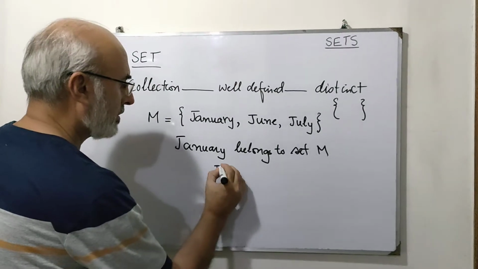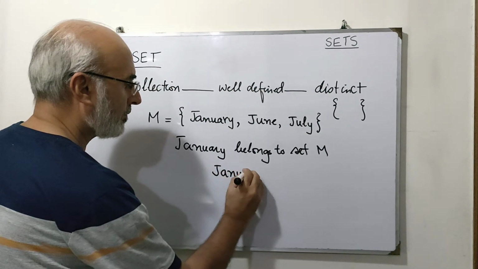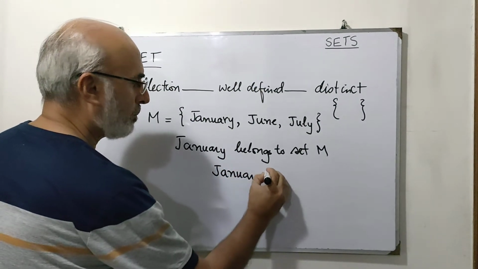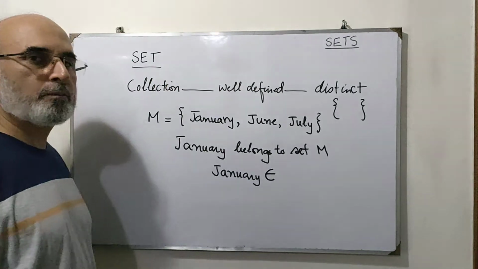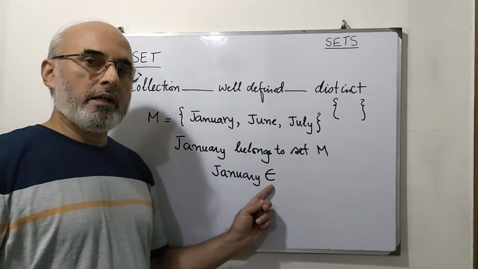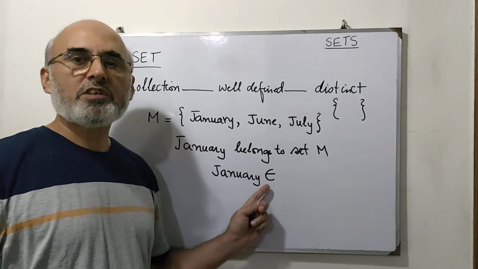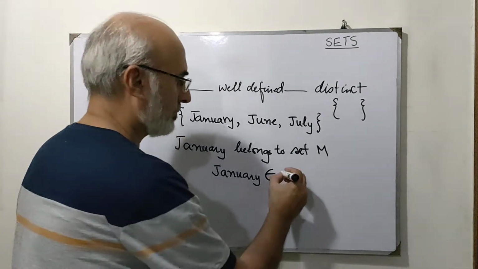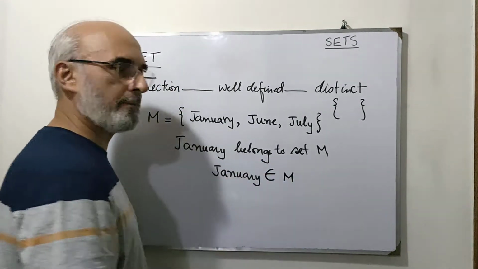It is January belongs, and I'm going to use epsilon, a Greek symbol which represents belongs to set M.